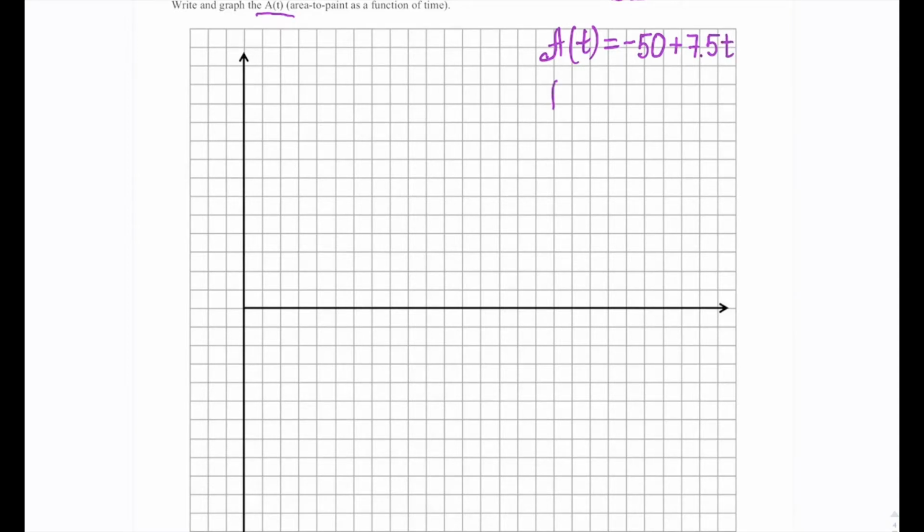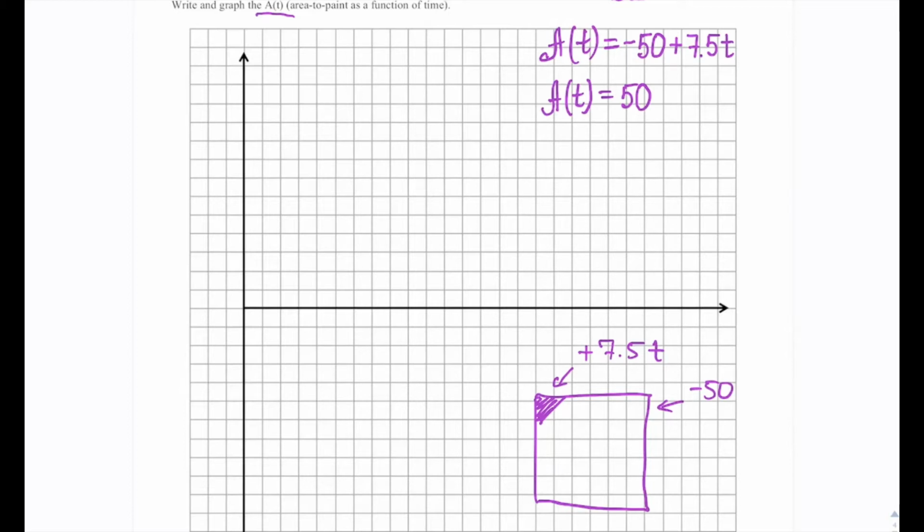If, however, we are using A for the area that is painted, so basically think about it this way. For the first one, I'm saying negative 50. This is still empty, and then this would be plus 7.5 t.